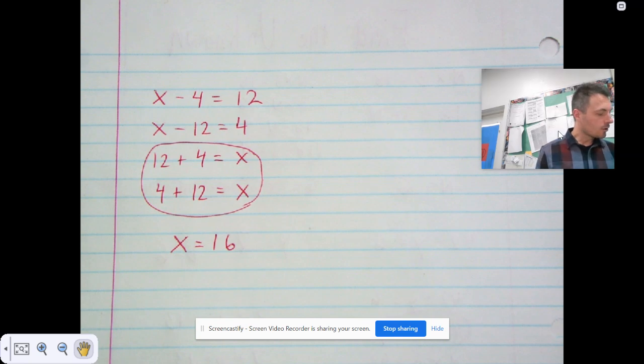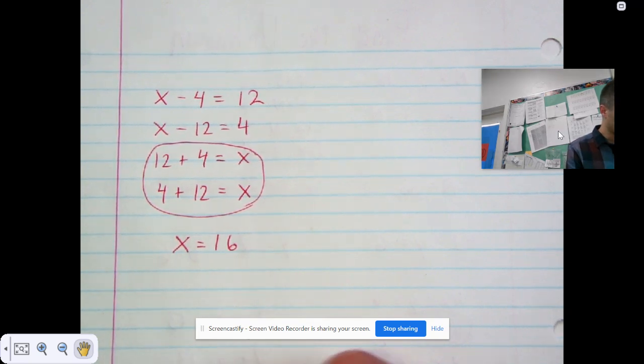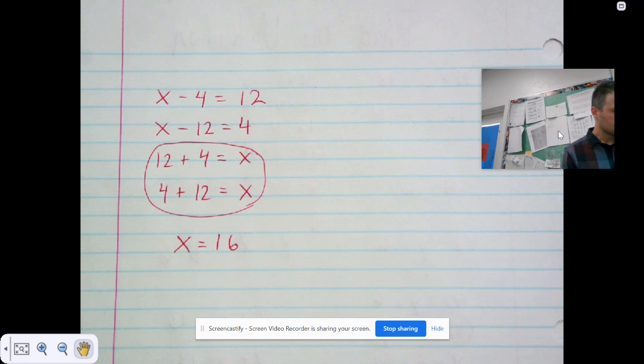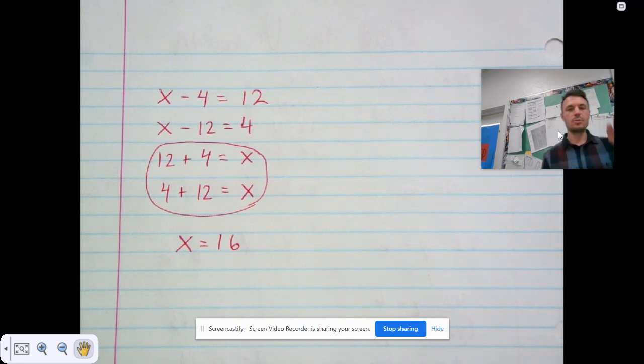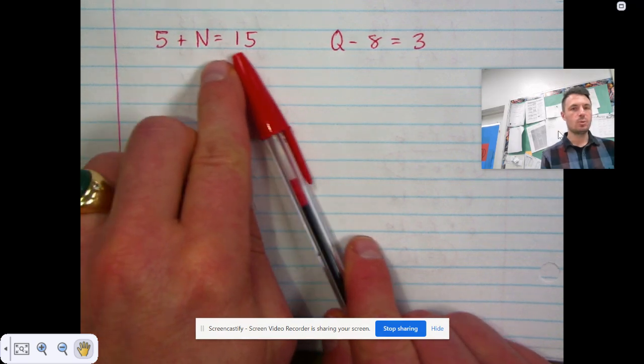So I'm going to give you some independent problems now. Here's your independent work. 5 plus n equals 15.